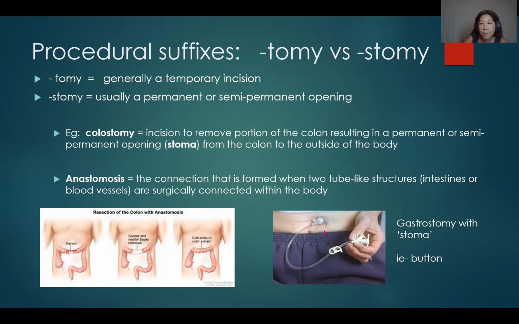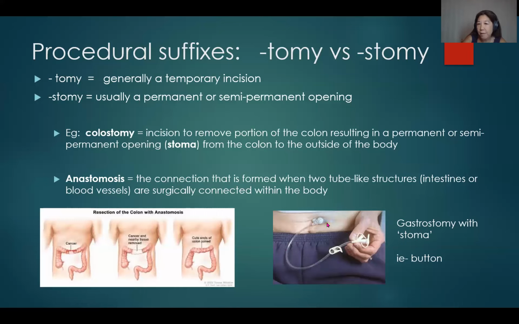Another example of a stomy that we sometimes come across is in patients that have a gastrostomy. Okay, so this is where they again have had some surgery on their stomach to create this stoma, which is this opening here to the outside, and we can hook up a feeding tube to the stoma to infuse fluids.